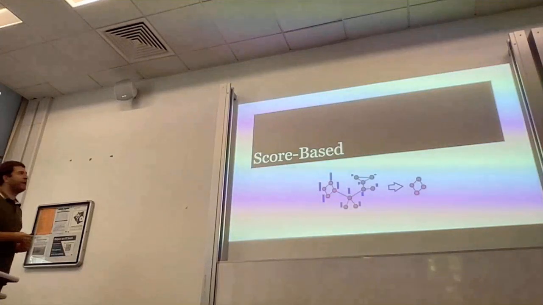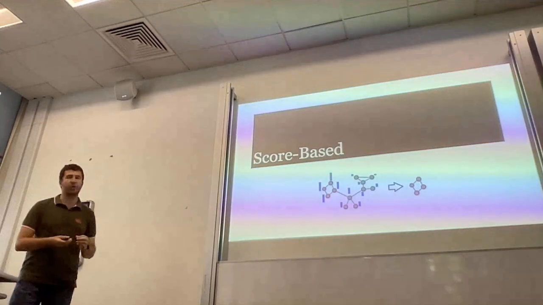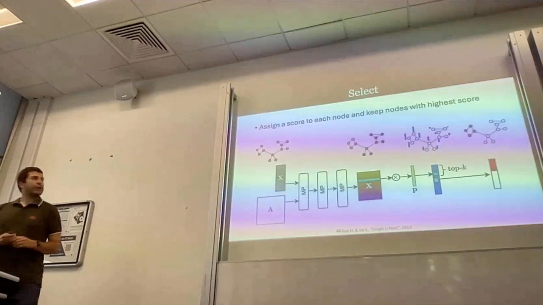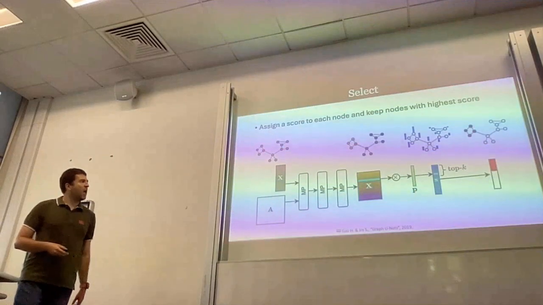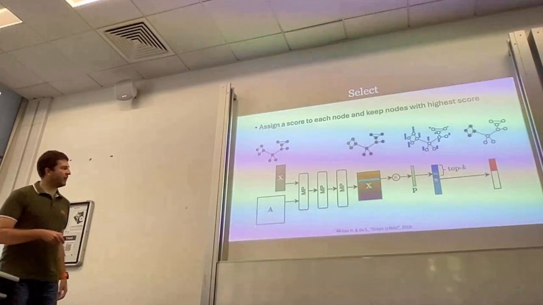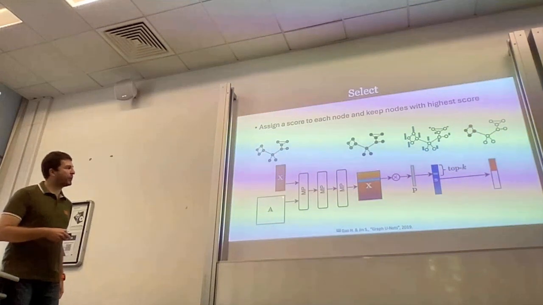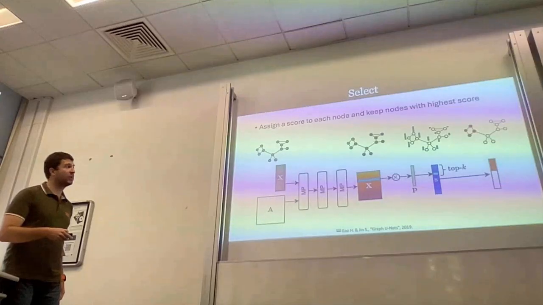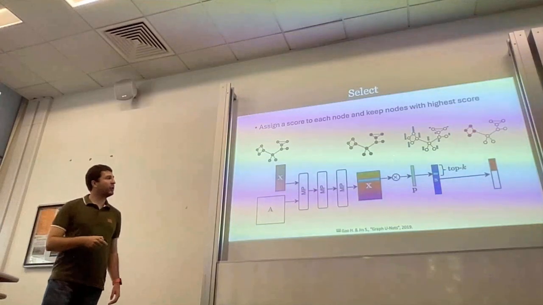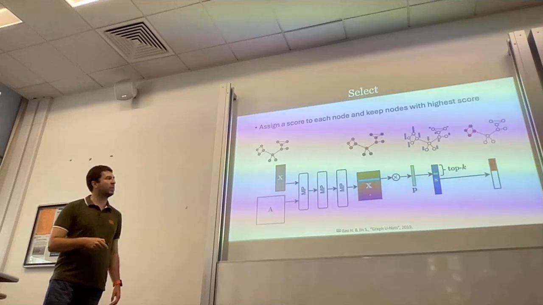Okay, the last family of pooling operators are the score-based. So these are quite straightforward. Once again, we have our adjacency matrix and our node features. We process the node features and adjacency with some message passing operators, and then we obtain these node embeddings.